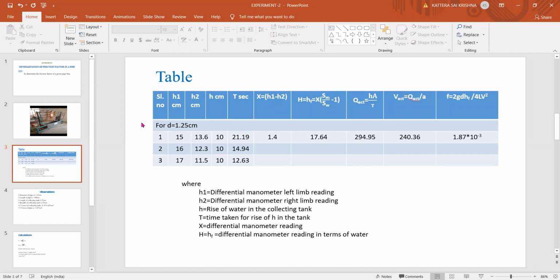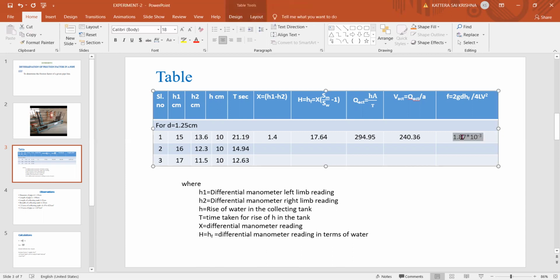Sir, first one I am getting F value of 1.49, sir. Check it properly. Others, I think you got the same answer here. Check the first reading whether it is correct or not. 1.87. Anil Kumar, check this answer. Is it correct? 1.87 into 10 power minus 3. Yes sir, once I will do again.